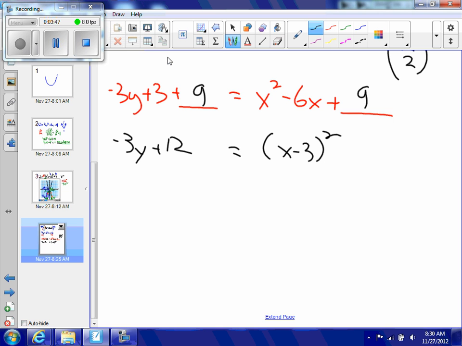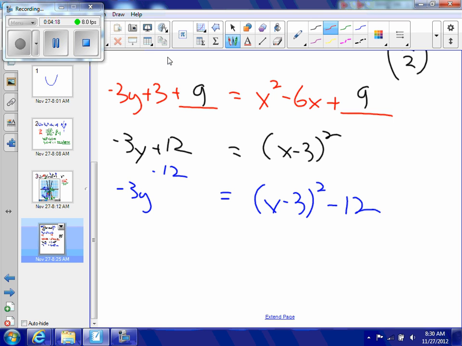So it's starting to look a little bit like vertex form. Vertex form is where I have x minus h squared, so I have that piece of it. Now I have to move this back over here to make it look like vertex form. I'm going to subtract 12 from both sides: -3y is equal to x minus 3 squared minus 12.